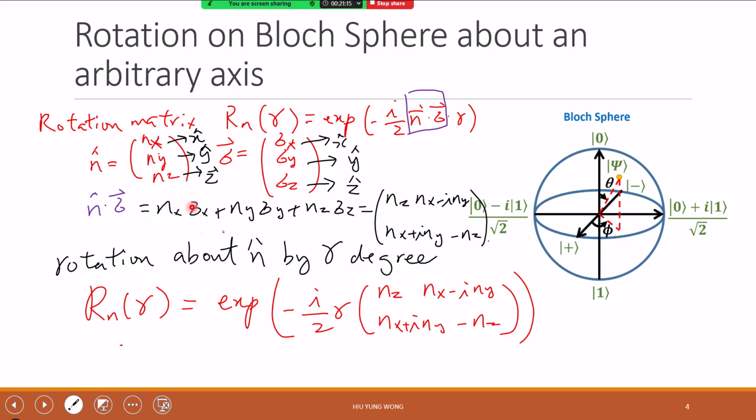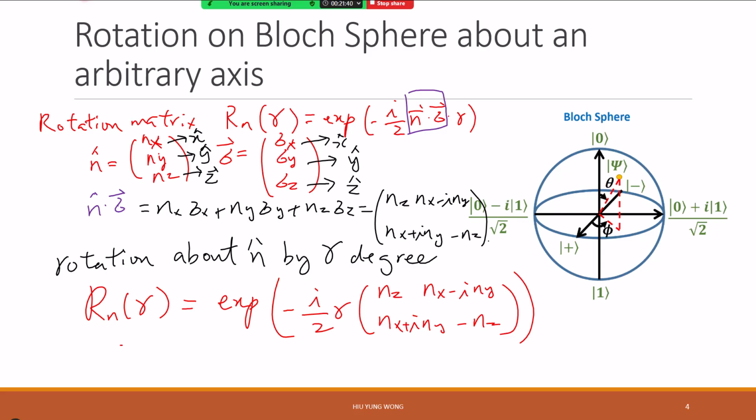The way we get this matrix is by nx times sigma x, which is 0, 1, 1, 0. That's why you have nx here, and ny here you have negative i times ny, i times ny. That's why you have this off-diagonal term, and then this diagonal term. I just substitute this here. This is given, we did not prove it, but let's just take it for granted.